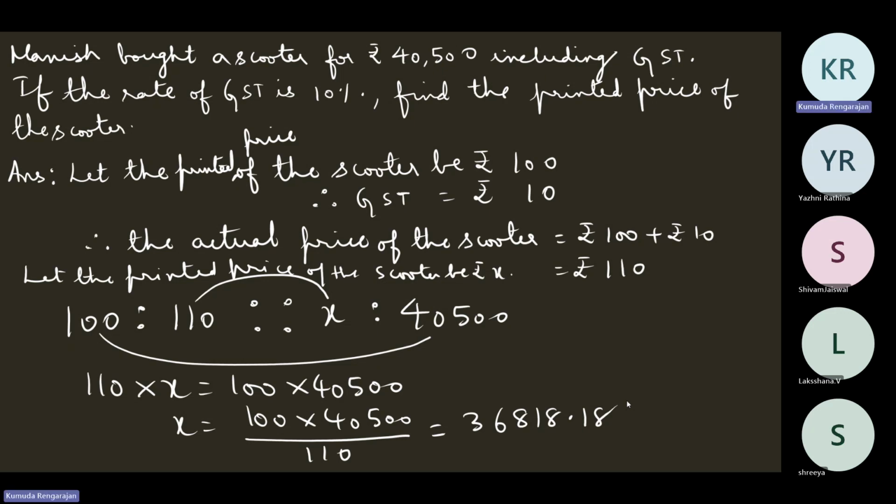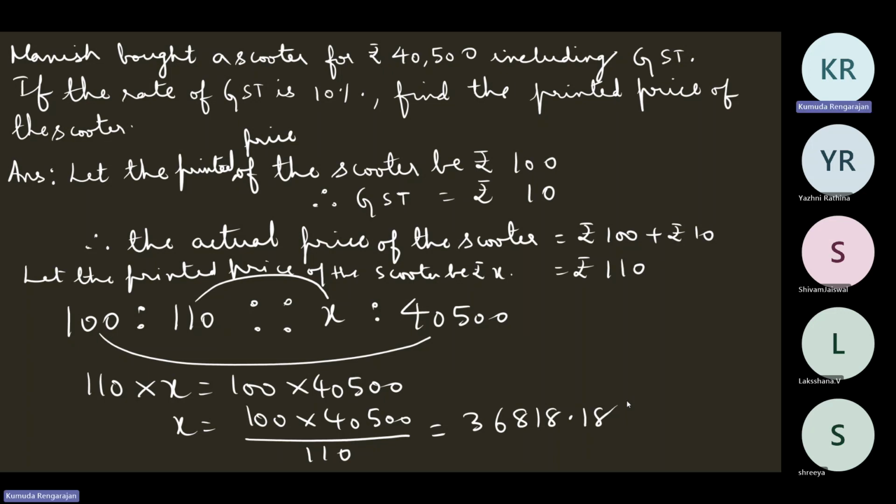So let the price be 100. GST is 10%. So the value of GST is 10 rupees. So without GST, the price of the scooter is 100. With the GST, the price of the scooter is 110. This is the assumption.